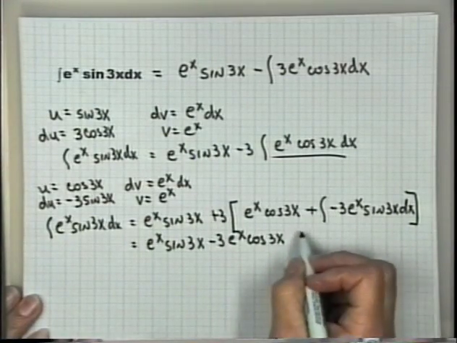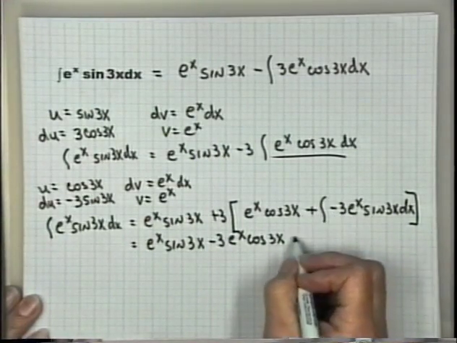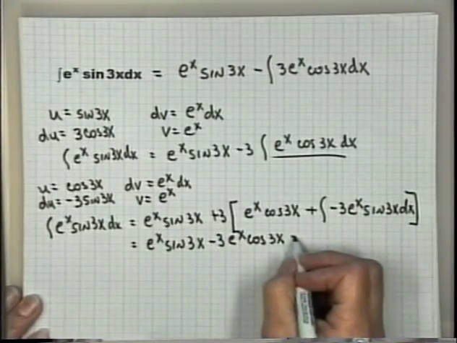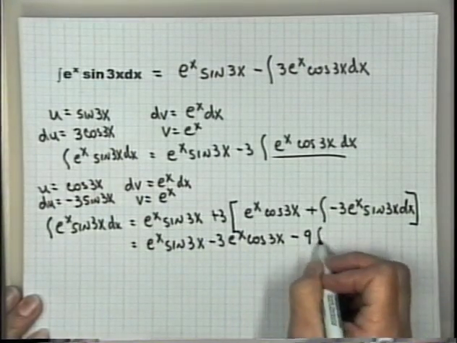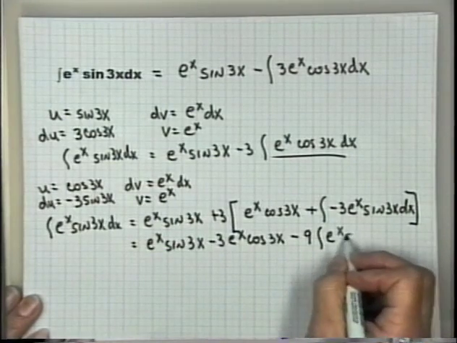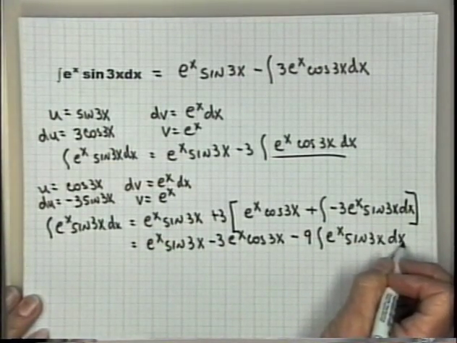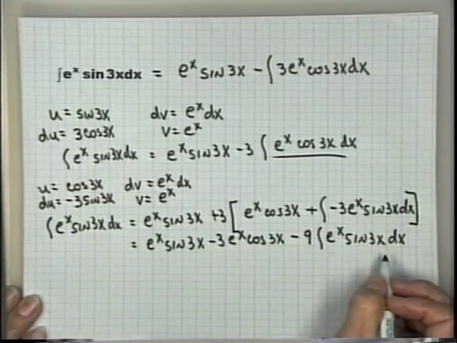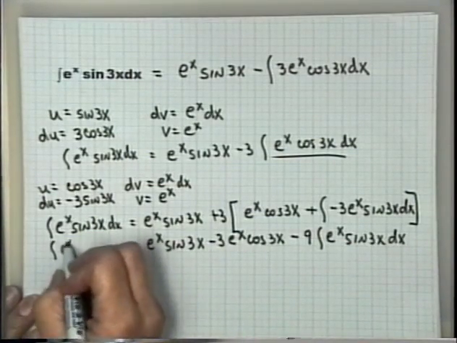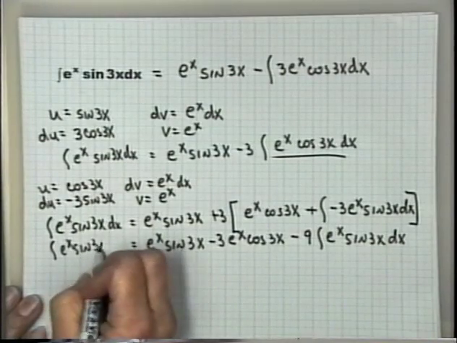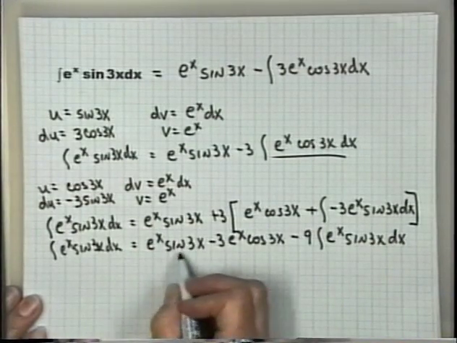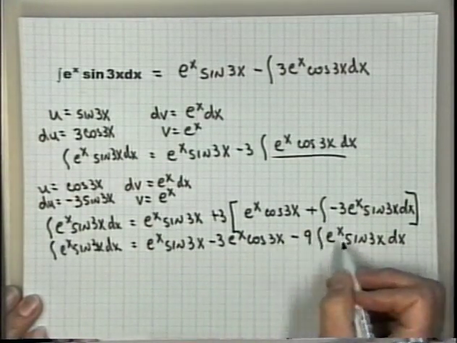But then this is going to come out as a negative 3. So I have a positive 3 times negative 3, which is a negative 9 in front of the integral e to the x sine 3x dx. So the integral of e to the x sine 3x dx equals this minus 9.